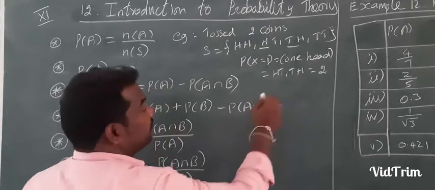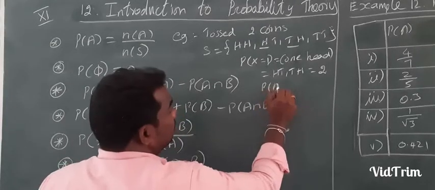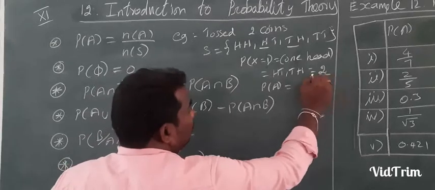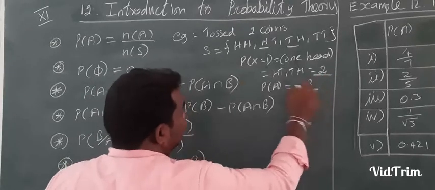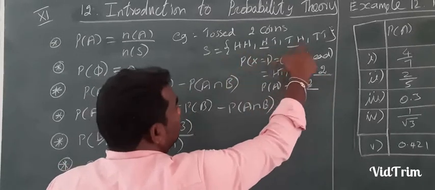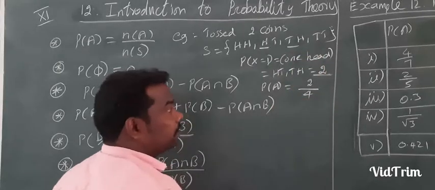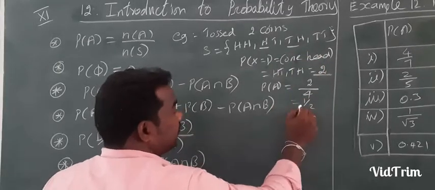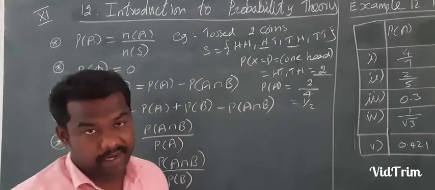Now we write P of A is equal to the favorable outcomes, 2, by the sample space, 1, 2, 3, 4, so 4. The answer is 1 by 2. That is the probability of 1 head.